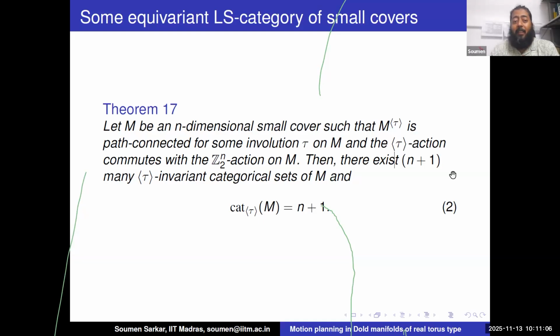So what happens, as I mentioned, corresponding to a nice manifold with corners, we have some space called a real moment angle manifold. On that real moment angle manifold, there is a free Z_2^k action, so that the quotient space will be the real torus manifold.